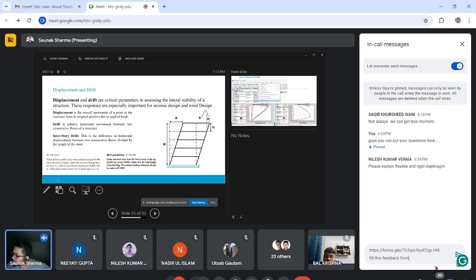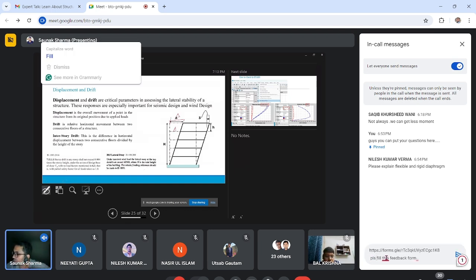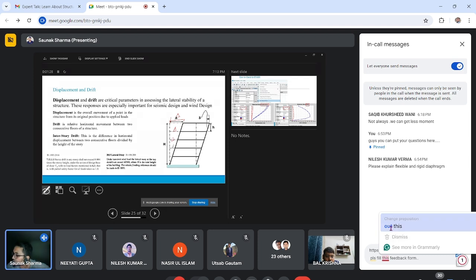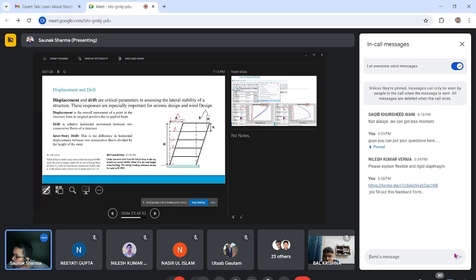Here, this total deflection of each floor, we can say the deflection of each floor relative to the base, is deflection or displacement. And what is drift? Drift here is the relative displacement between two floors.